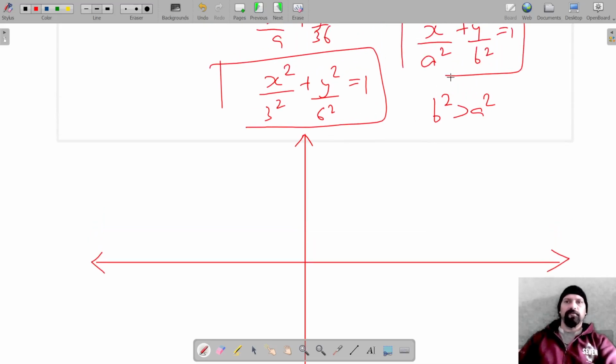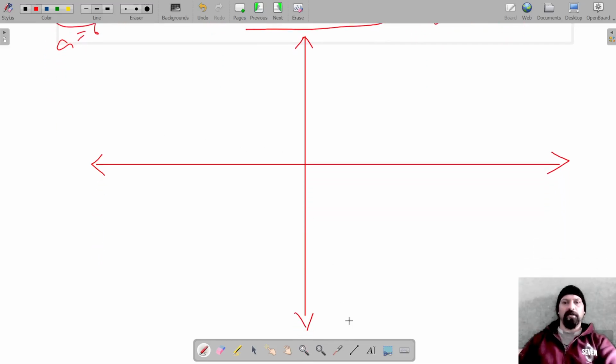Here b is 6, the semi-minor axis, and because b is greater than a, our ellipse has its major axis on the y-axis.